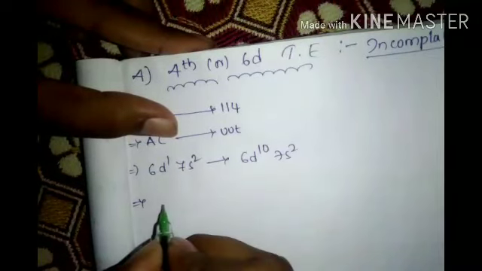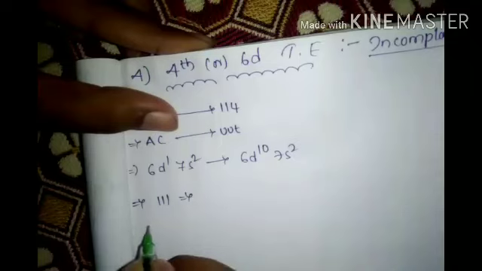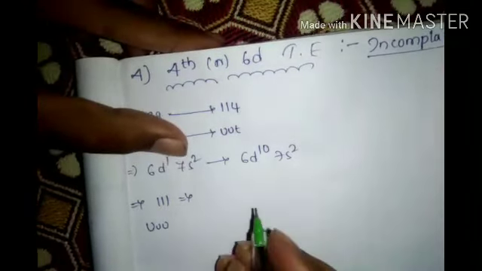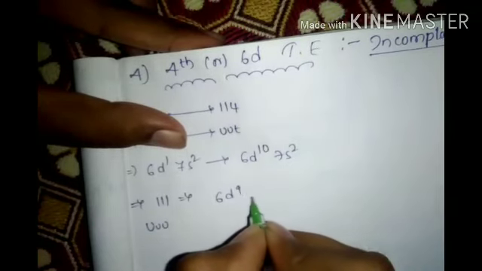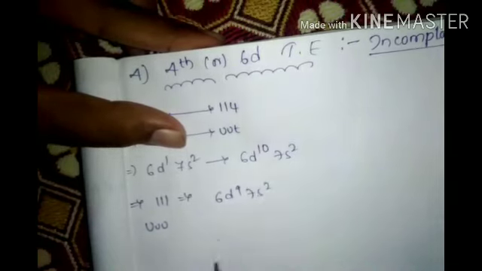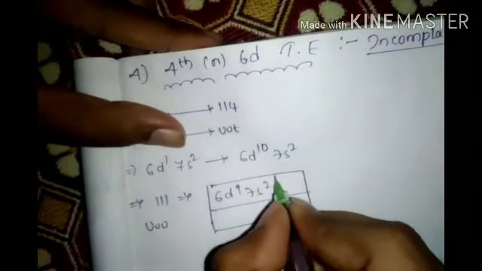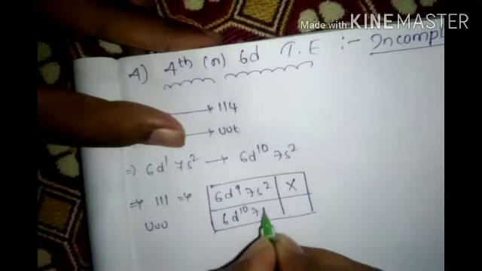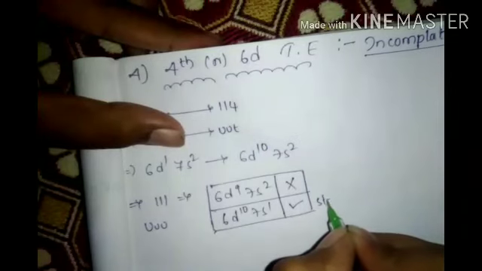Now here 111 changes, unknown element. Actually 6d9 7s2 should come, but the change is 6d10 7s1. Stable.